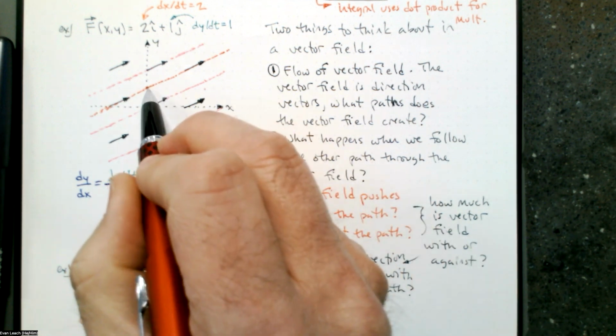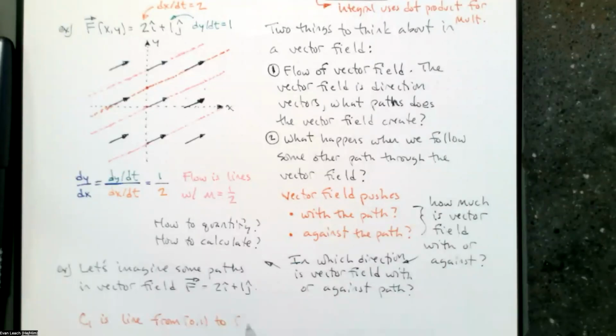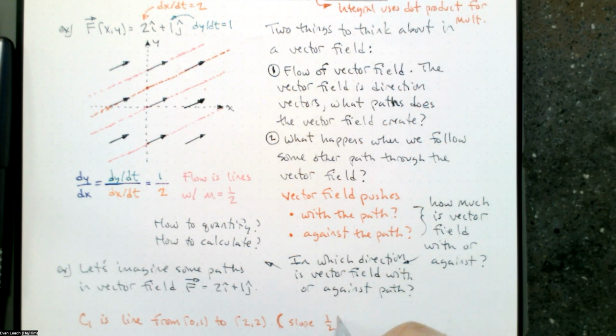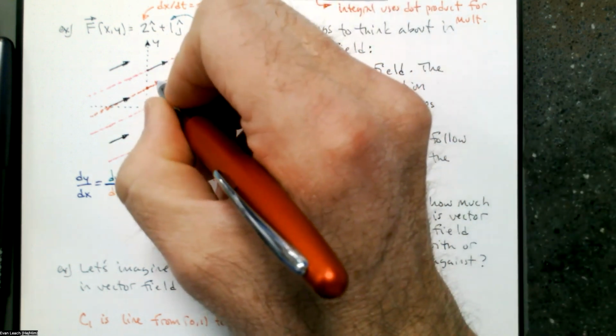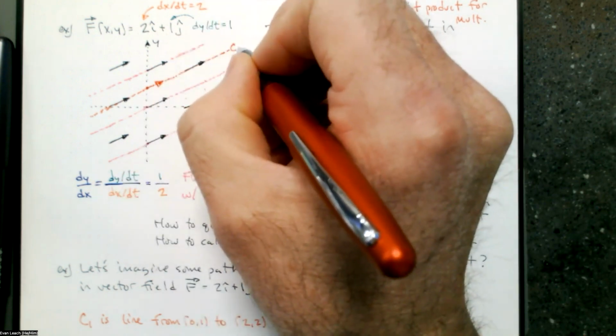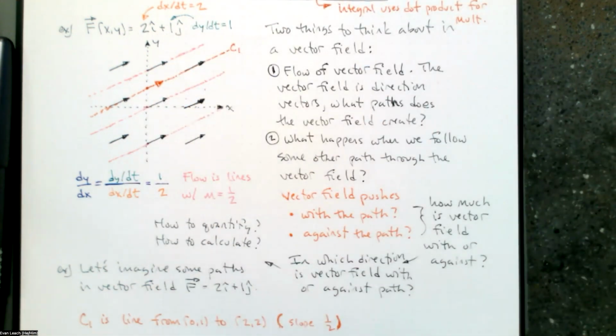So I guess x is 2, y is add 2, add 1. So there's path C1 going with the flow in the vector field.